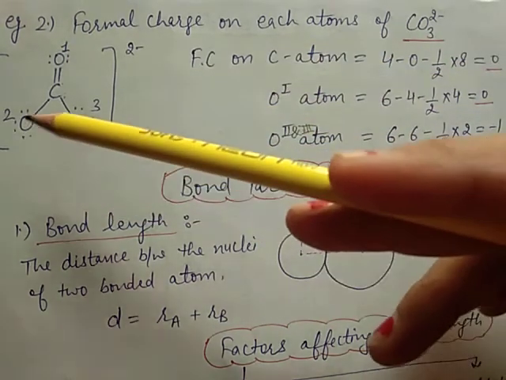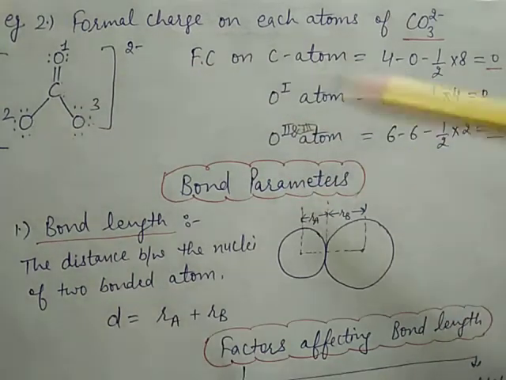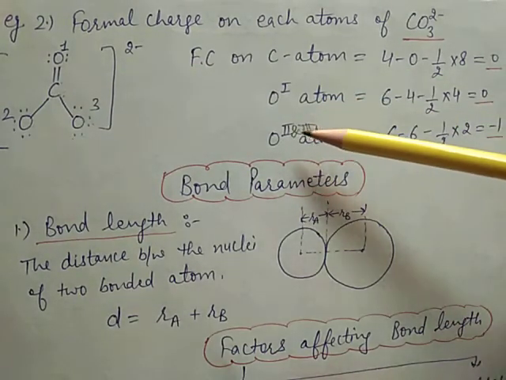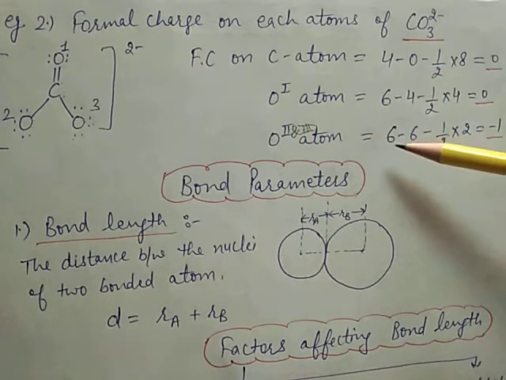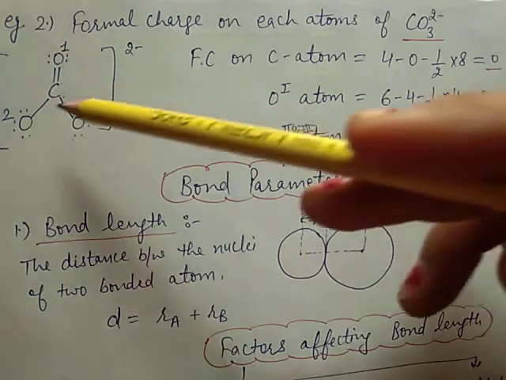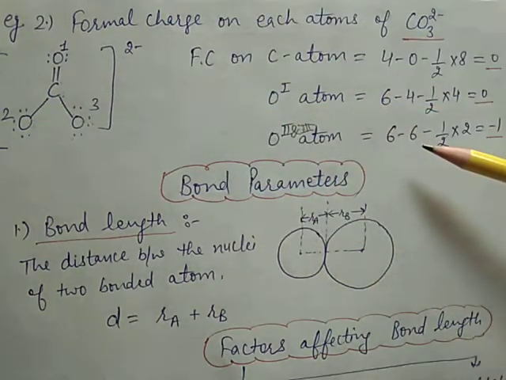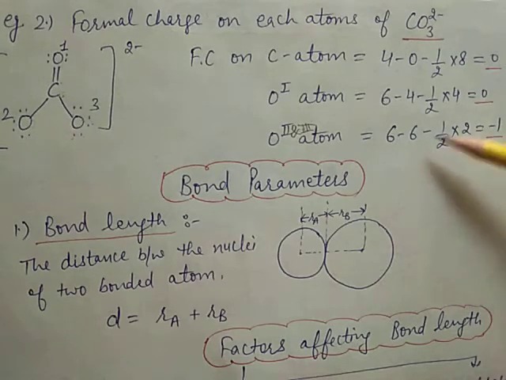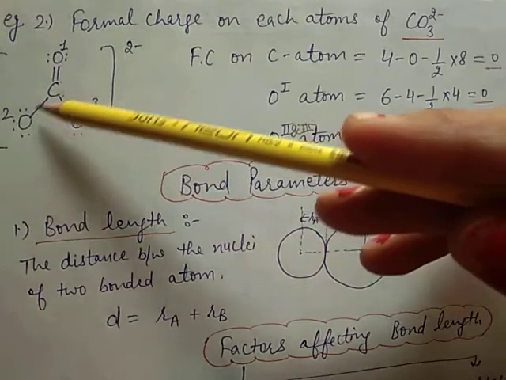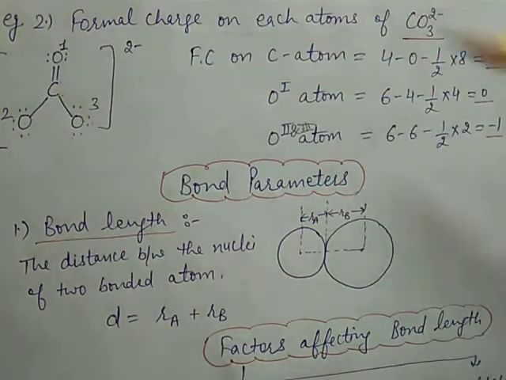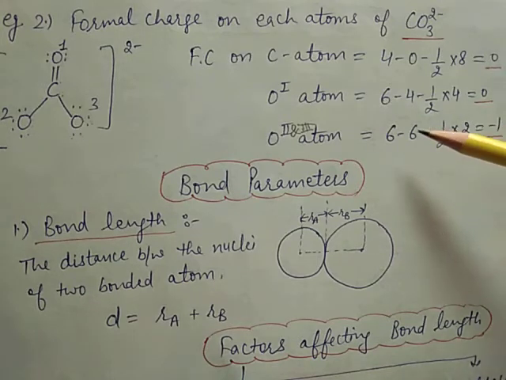Next, the other oxygen atoms. These oxygen atoms are the same, so we write the formal charge on oxygen number 2 and oxygen number 3 together. The total number of valence electrons is 6, minus the lone pair electrons: 2, 4, 6, so 6 electrons are present, minus half into the number of bonding electrons. This oxygen atom has only a single bond, one bond having 2 electrons, so the 2s cancel out.